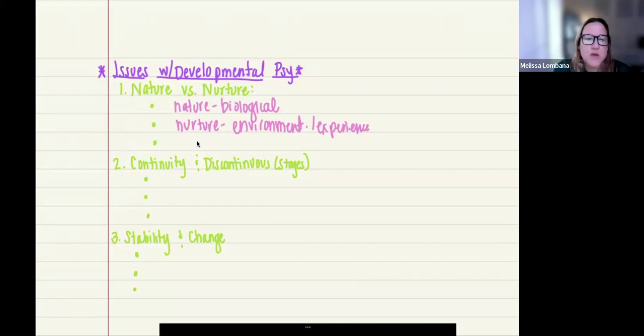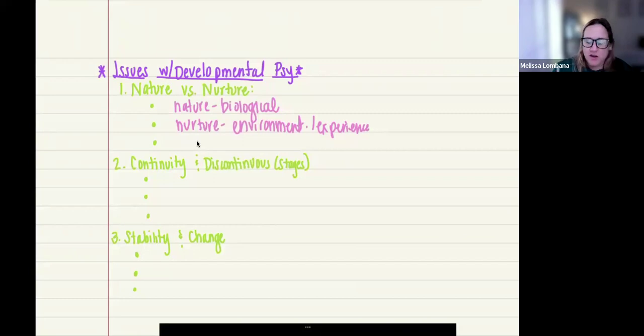Maybe the nature of it is we have a genetic disorder, or just the genetics component of it. And then how does our environment either feed into that or make it better?